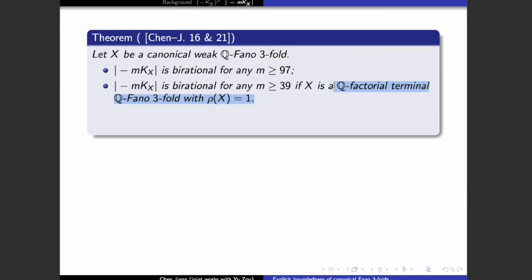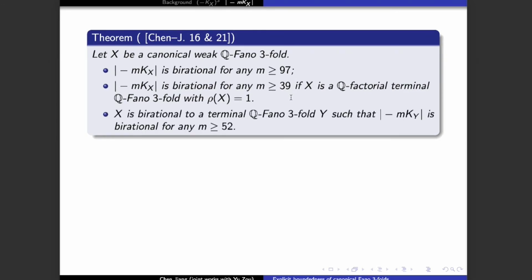If X has these good properties, Q-factorial, terminal, and Picard number 1, then we can show that 39 is enough to get this linear system to be birational. This is better than 97.